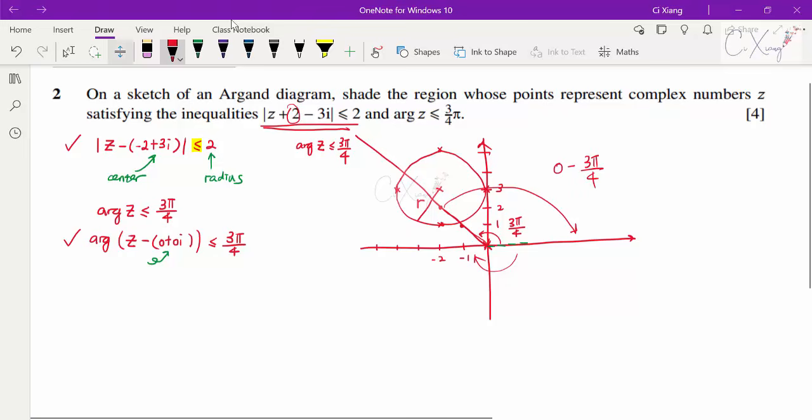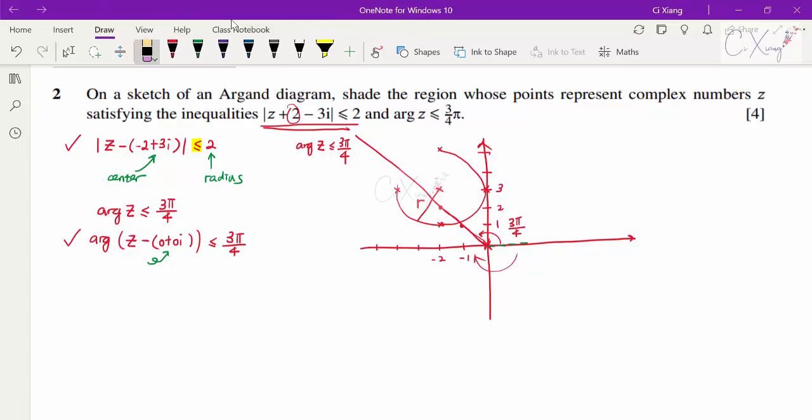So when I shade any point in this area, the argument is smaller than 3 pi over 4. By looking for the overlapping area of these two inequalities, eventually you can see that the area we should shade is this one: within the circle and also in the area that is above the line that we drew. So this is the shaded area that fulfills these two regions.